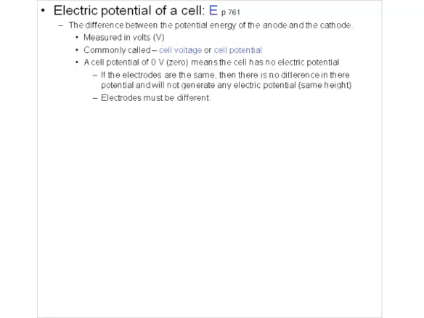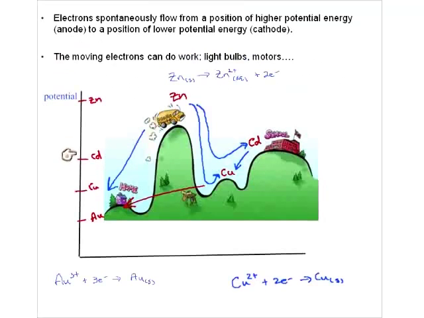So if two metals happen to be ranked at the same level, then the electrons are not going to be able to fall. So if I had another metal here that was very similar to cadmium at the same level, and I had those two hooked up, it's not going to be able to do any work because the electrons don't have anywhere to fall. There's no potential difference.